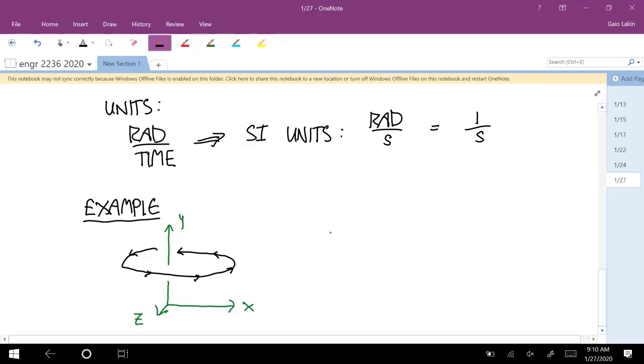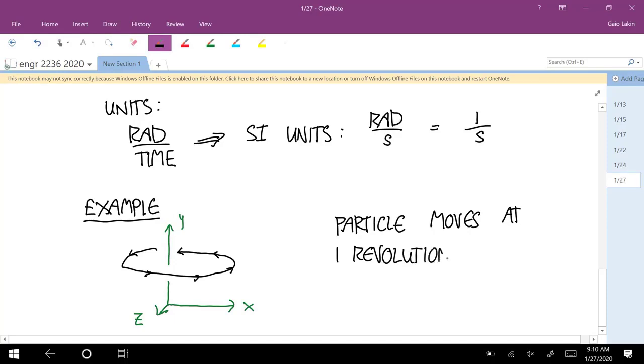And let's say that the particle is moving at 1 revolution per second. What's the angular velocity vector?